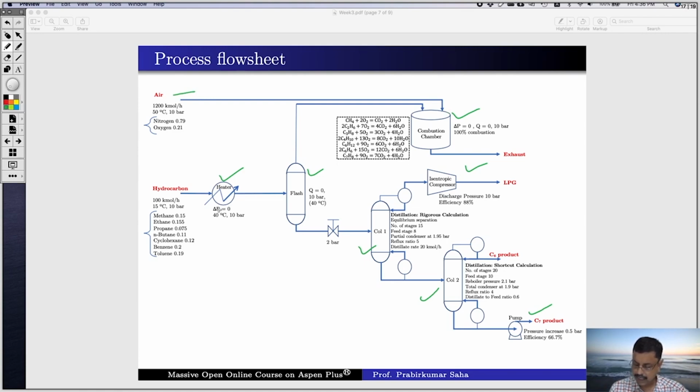So the heated hydrocarbon is flashed, where the major components are flashed and liquefied. The leftover gas is being burnt in the combustion chamber. The first column separates mainly the LPG and the C6, C7 components.